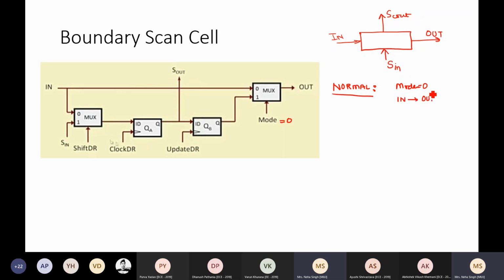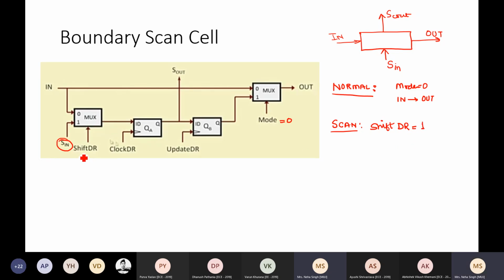The normal mode of operation means you set mode equal to 0 so that whatever is at input, it directly goes to output, right? Second is scan mode. I want to use it as a scan register so that shifting can happen, and before testing I can shift the data. So for that, I need to have some data applied to this SIN, the lower pin, right? When will this data be read? When the input of this multiplexer is 1. So I need to put the shift DR signal equal to 1.